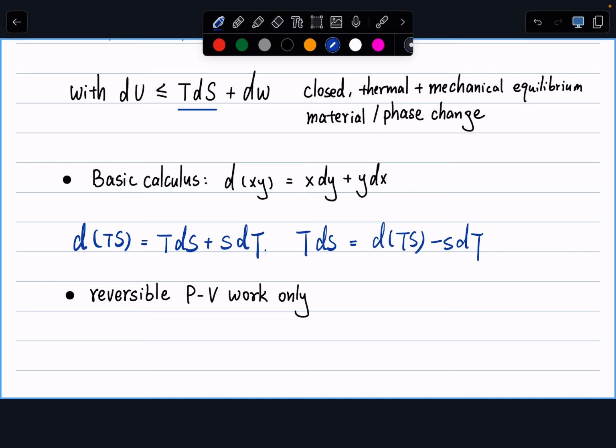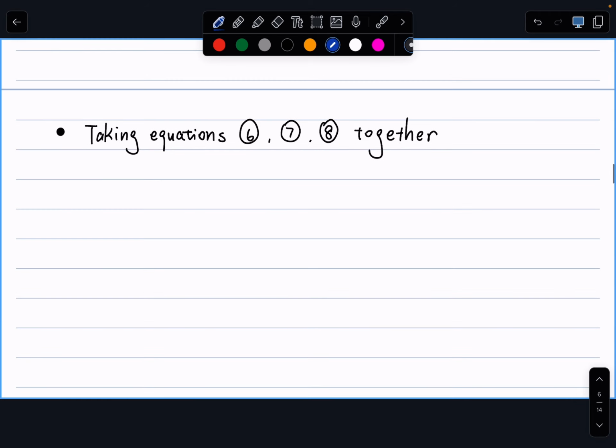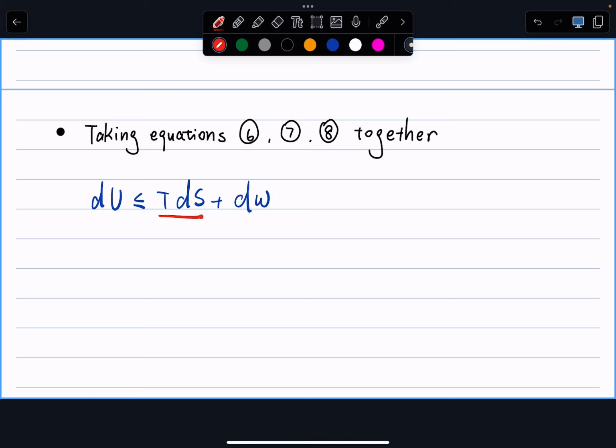All right, and we have our work reversible equals negative PdV. So taking these relations together, we can rewrite my dU smaller than TdS plus dW. So again, this is d(TS) minus SdT. My dW is negative PdV.